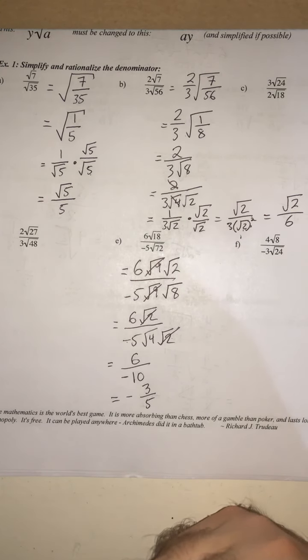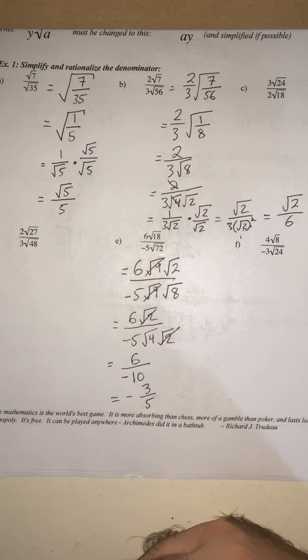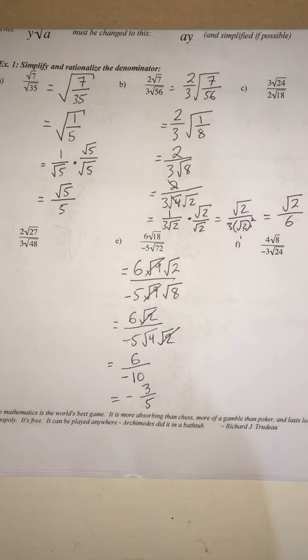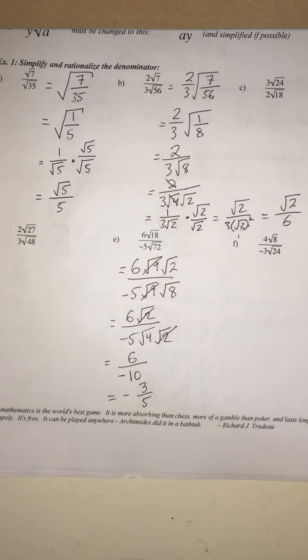Don't just plug it into your calculator right away and work your way backwards. You're never going to be able to guess this. So try and work your way through it from front to back, top to bottom, and then double check your answer at the end. I'm going to leave these other ones. You can give those a try, and I'm going to leave this and make this video a little bit shorter so you don't have as much to watch tonight.